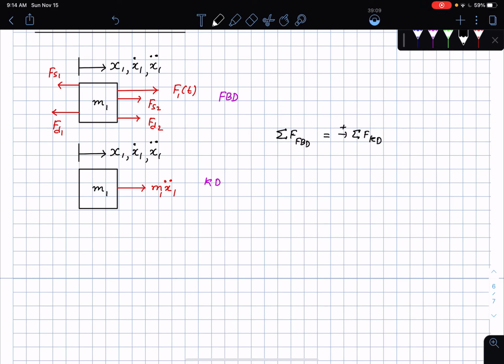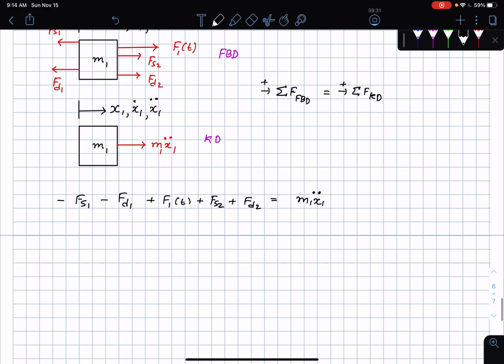I'm going to assume this to be the positive direction. Okay, and if I start doing all of that, then I end up getting the following: minus Fs1 minus Fd1 plus F1 of t plus Fs2 plus Fd2. This is equal to M1 x1 double dot.